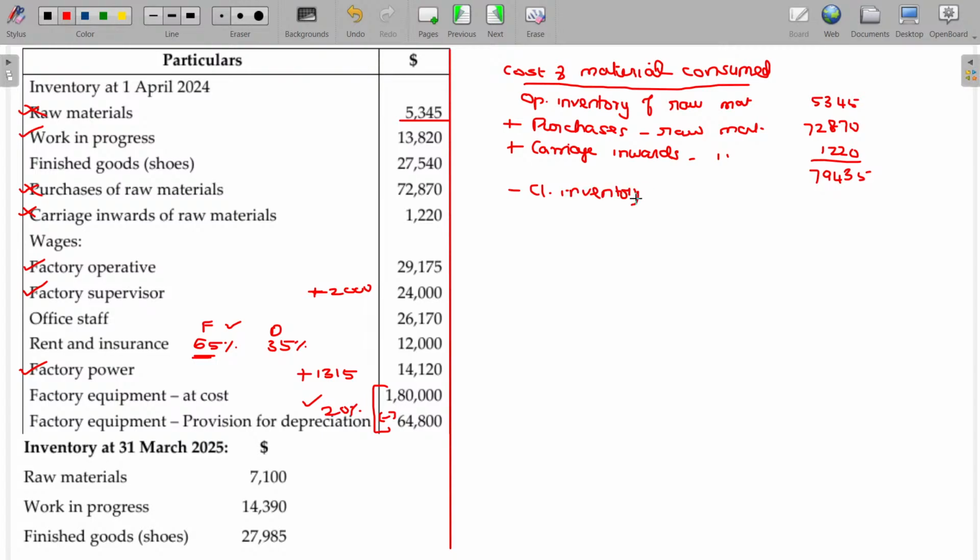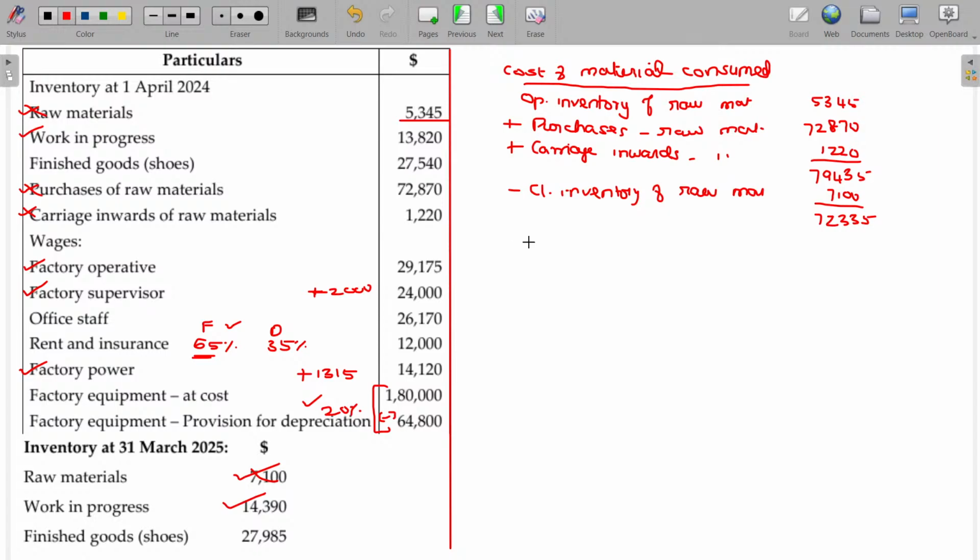Closing inventory of raw material here is 7,100, and this will also come. If I subtract, then I will get the cost of raw material consumed: 72,335.